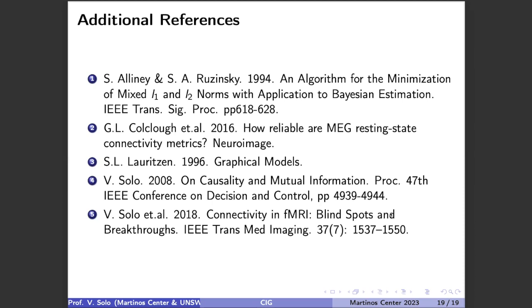So my question is, I would like to know if you have any experimentation with data where you not only can assess the null hypothesis, but you actually know the ground truth, the connectivity, the true connectivity between systems.